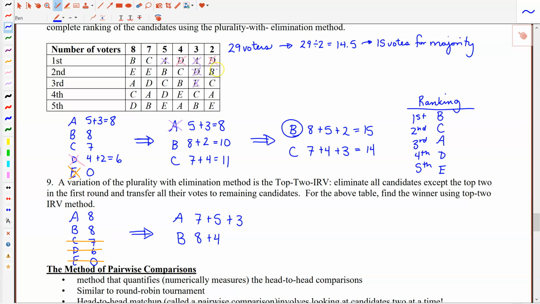And the last column, B is higher, so they get those 2. Adding up my totals at this point in time, A has 15 votes, and B has 14 votes. And notice that the winner changes now. So as opposed to going through this step-by-step elimination process, if we just cancel and transfer the votes right away, notice at this point in time now A wins as opposed to B.